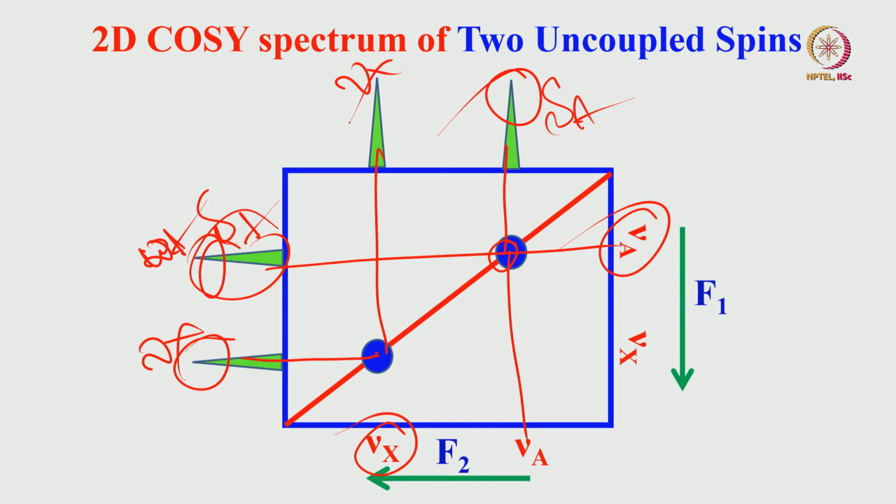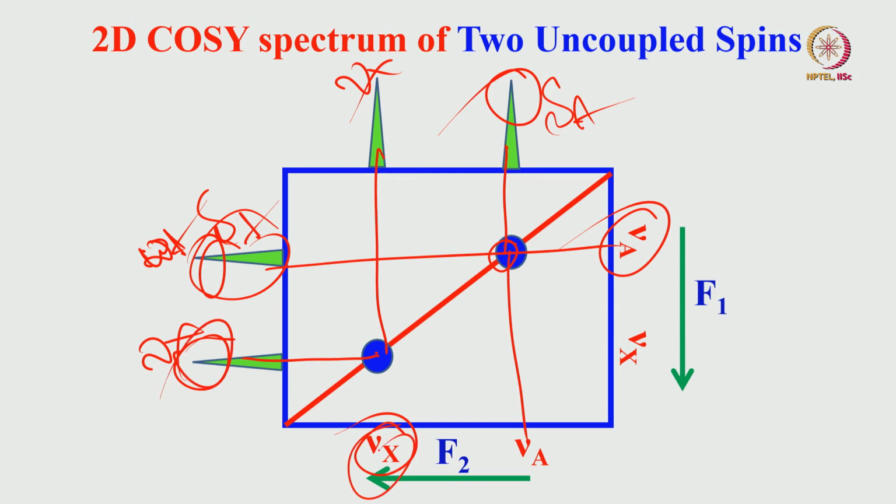That means when I have a diagonal peak, its frequency remains the same both in the T1 period and in the T2 period. Its frequency is identical whether you measure it in the F1 dimension or in the F2 dimension.